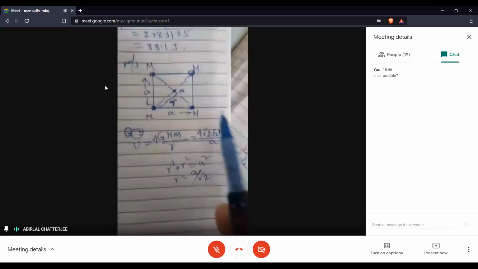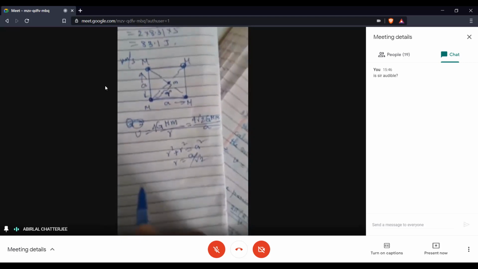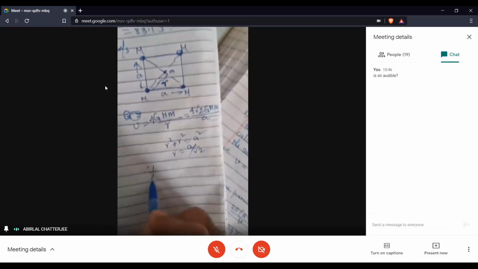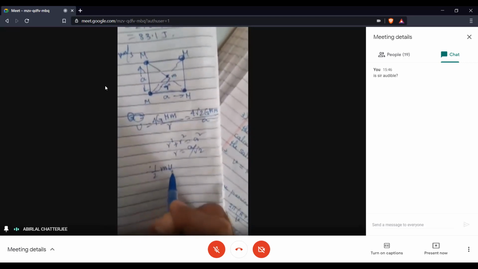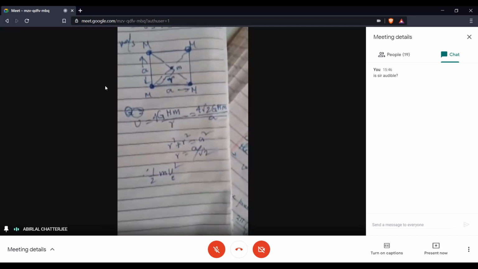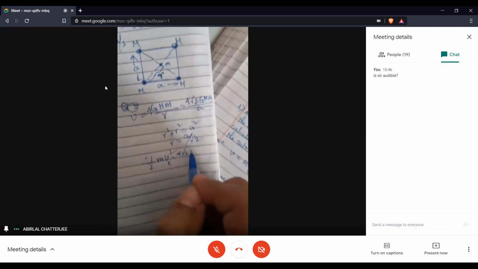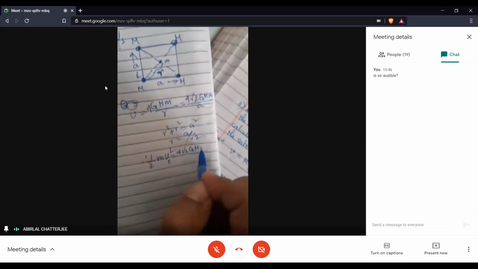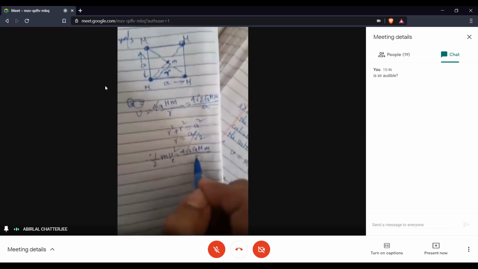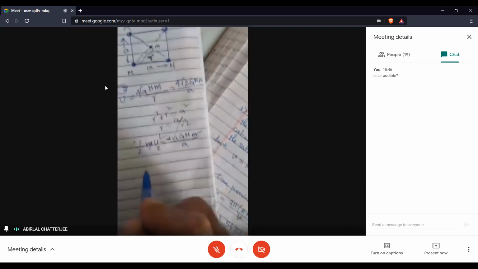Now this much kinetic energy I have to give. So I have half m v square, where that velocity is the escape velocity, equal to 4 root 2 capital G, capital M, small m by A. The small m gets cancelled.